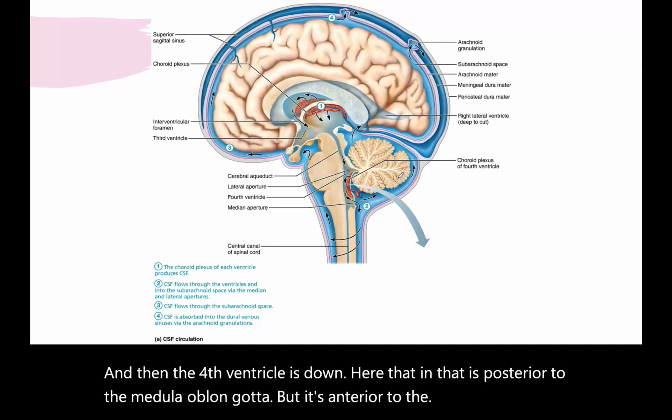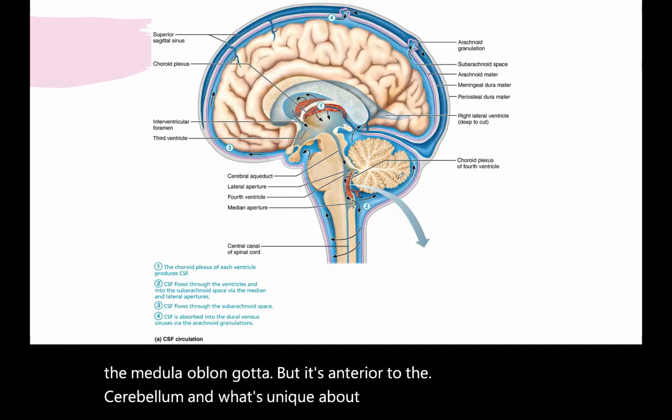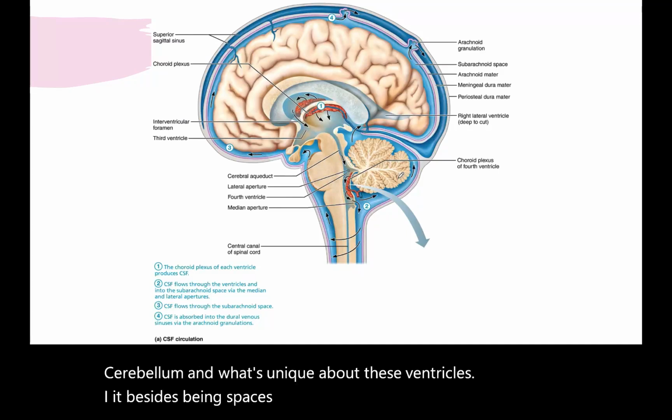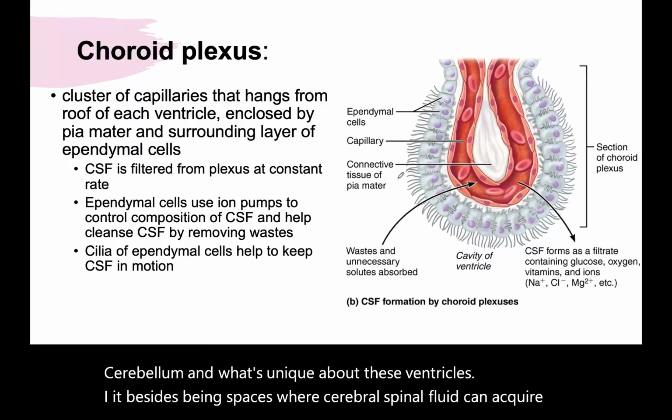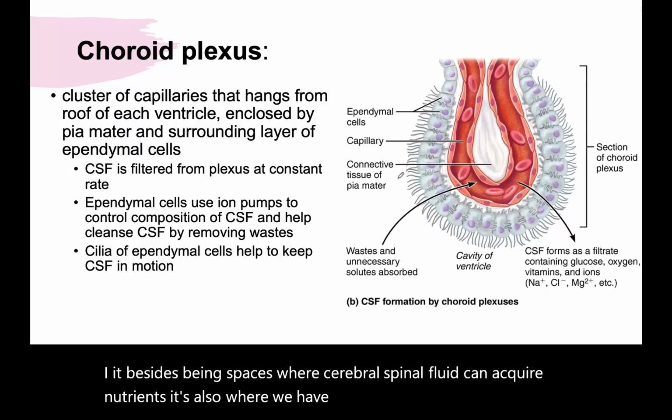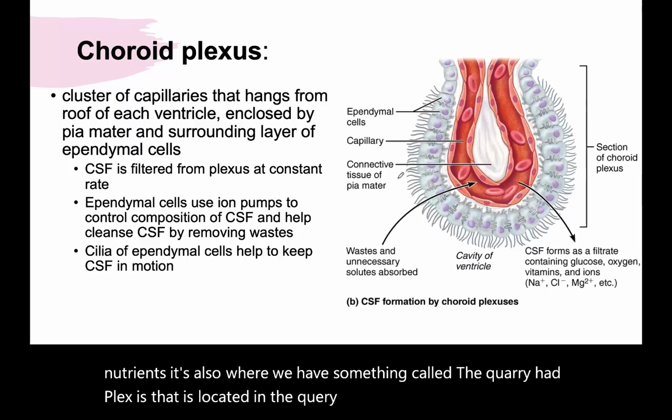And what's unique about these ventricles, right, besides being spaces where cerebral spinal fluid can acquire nutrients, it's also where we have something called the choroid plexus located. And the choroid plexus is a group of capillaries.